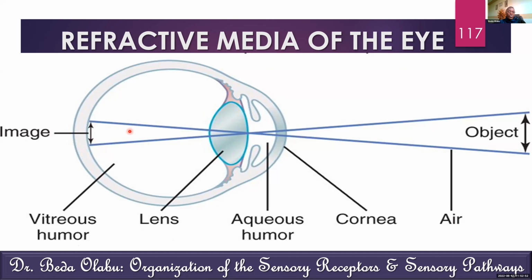You don't have control, or rather, you cannot alter them. But the refraction offered by the lens is vital because it can be altered. And that is why the lens is the one that is used in focusing.